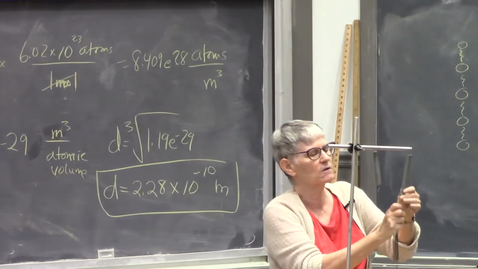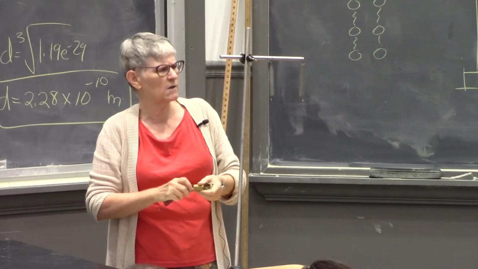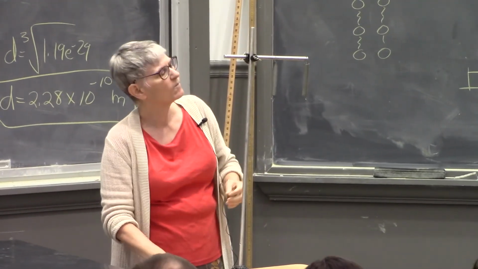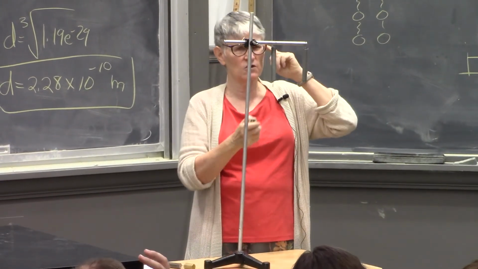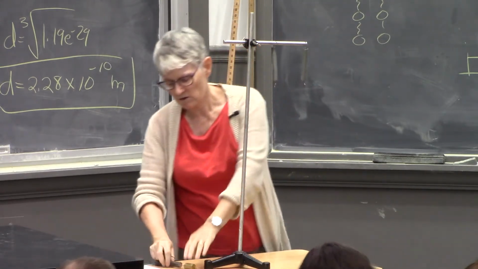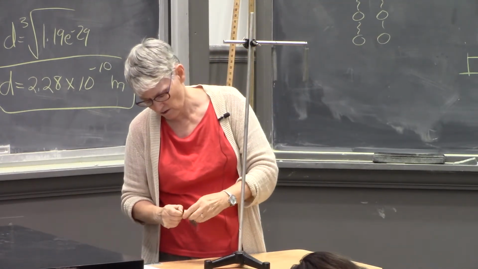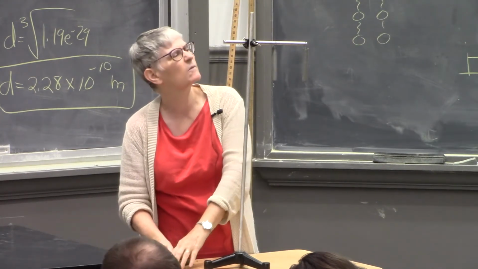We have some springs here and some masses. So here are two pretty much identical springs. And here's a third. Let's see if I can unhook this mass. Well, that's all right. We'll use this.